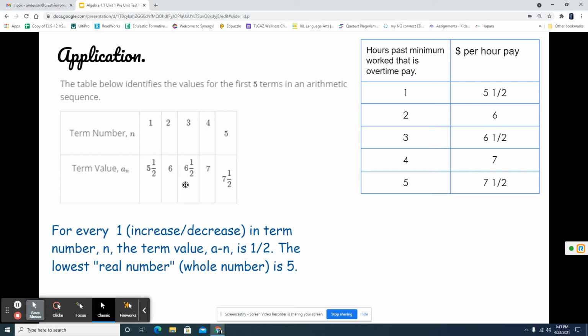So basically, you can pop it over and put it into a chart. So instead of going left to right, it's going from top to bottom. So you can look at these relationships.